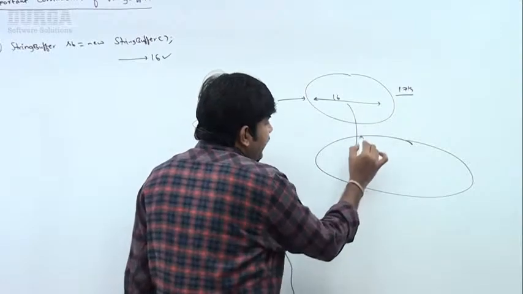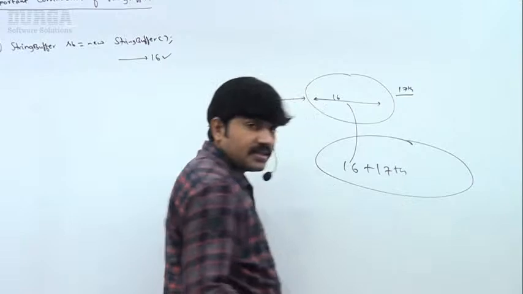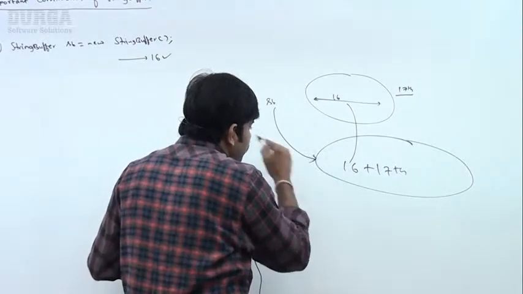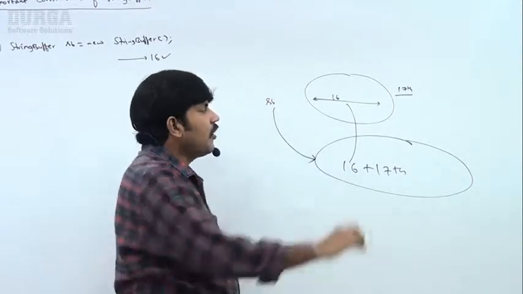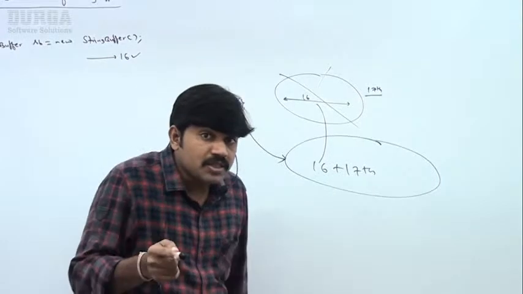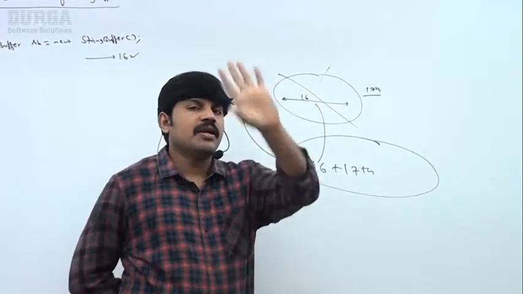All these 16 characters will be copied, plus the 17th character will be placed, and the SB will point to this new object. The old object is by default eligible for garbage collection. But this is all going to happen internally. We are not required to worry.